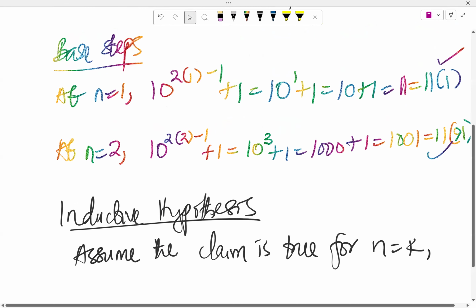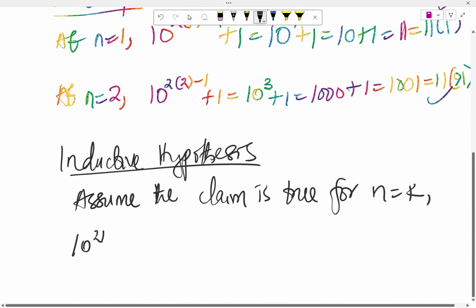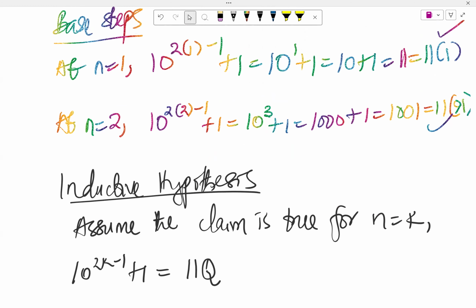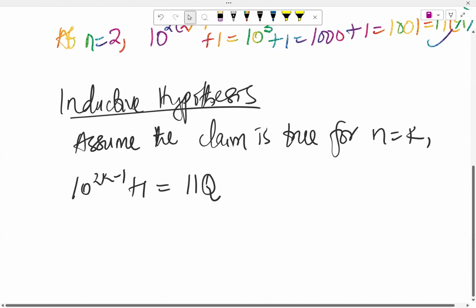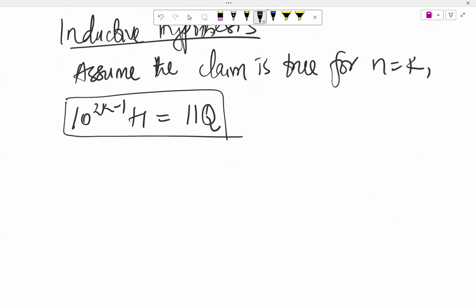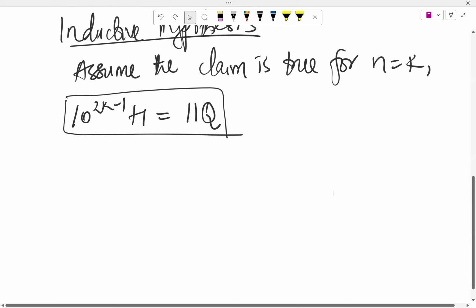So if that is assumed, then it means that 10 raised to power 2k minus 1 plus 1 is equal to 11q, if you like. And just like you always know, this expression is very helpful for you at the inductive step where you do the final proof. So you want to pay attention to it. It may come in handy.